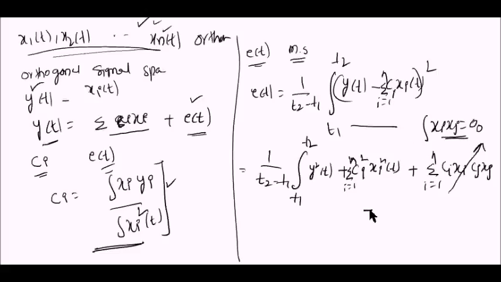Then we also get one more summation, i equals 1 to n, y of t ci xi of t. So we will get these terms. We have seen that ci equals integral xi y divided by integral xi square.